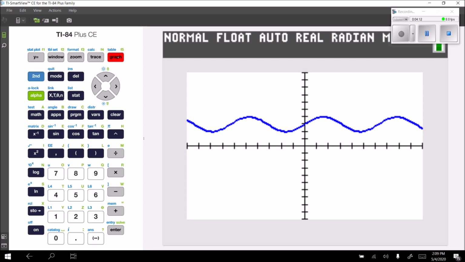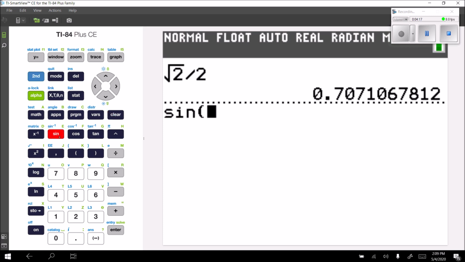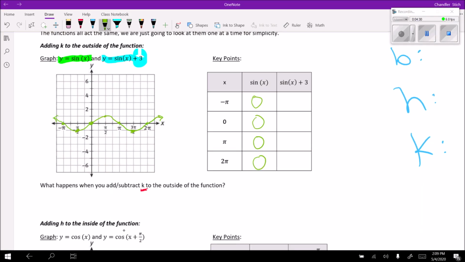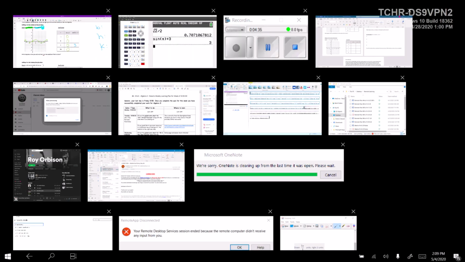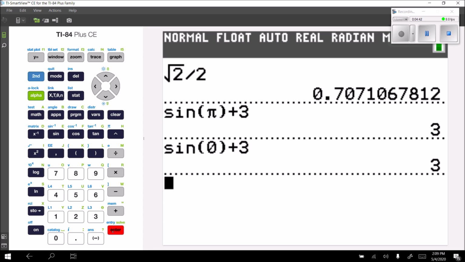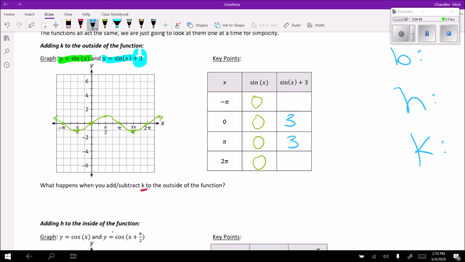So let me just look at some points here. We'll go sine of pi plus 3. So when I plugged in pi, I got 3. Sine of 0 plus 3. Get 3. So for 0, I got 3.